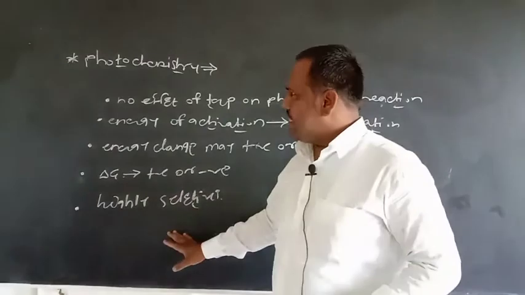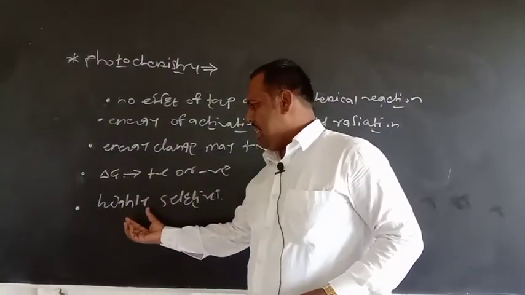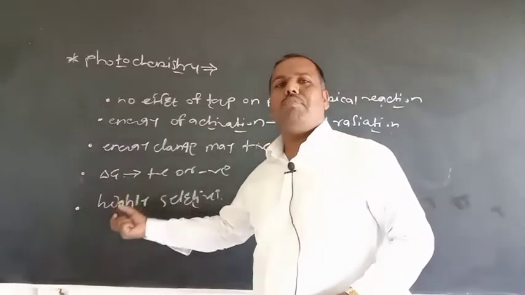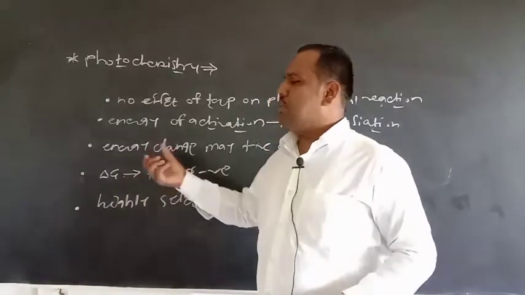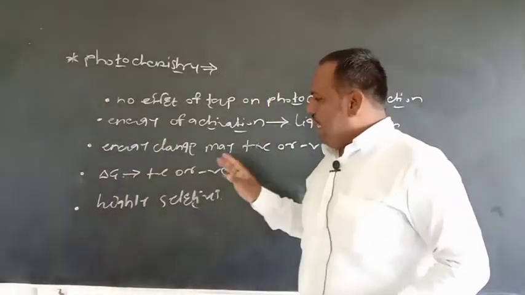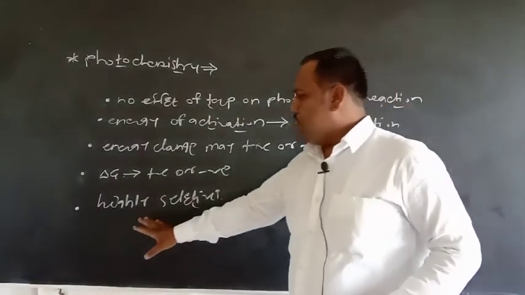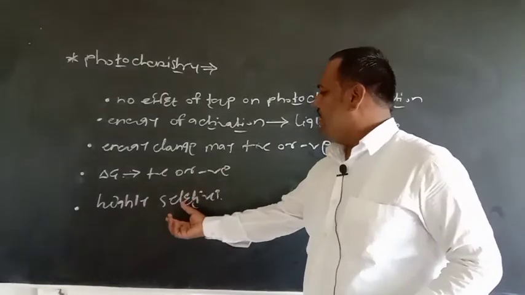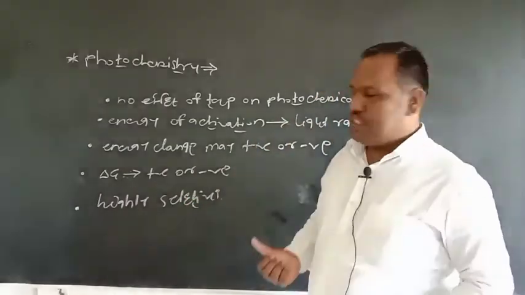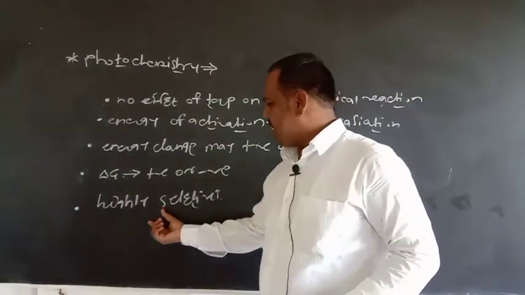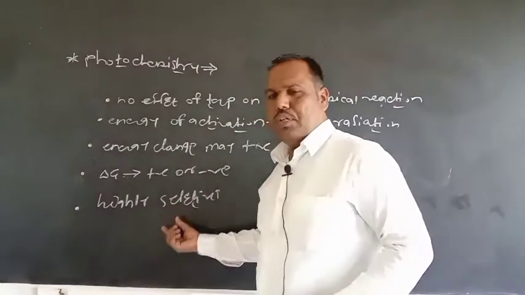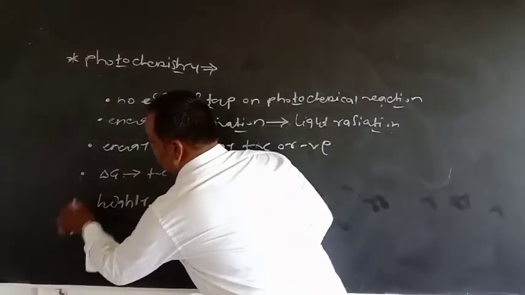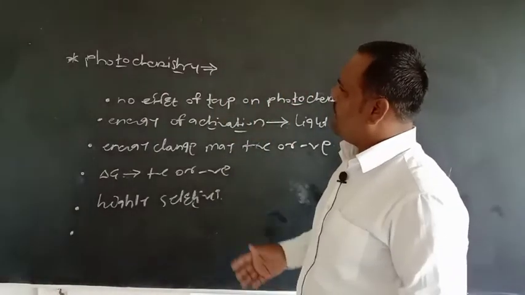But in this case, by absorption of light radiation, only a particular molecule which absorbs the light radiation is electronically excited, and other molecules are not activated by the absorption of light radiation. Therefore, this photochemical reaction is highly selective. So this is another important characteristic of these photochemical reactions.